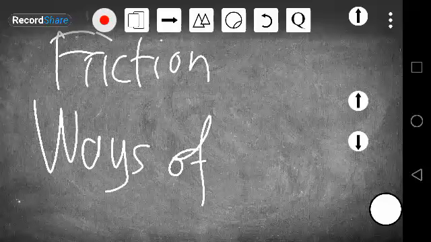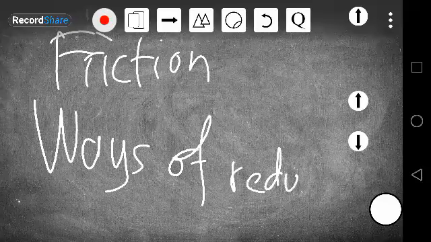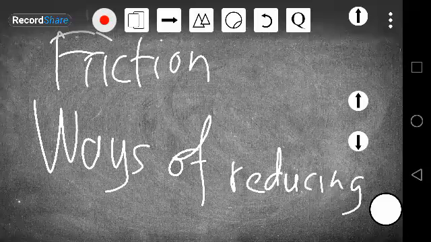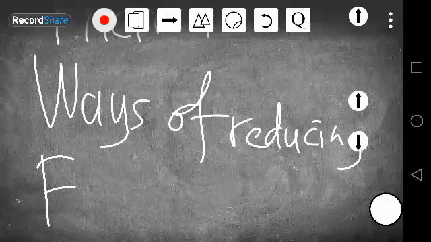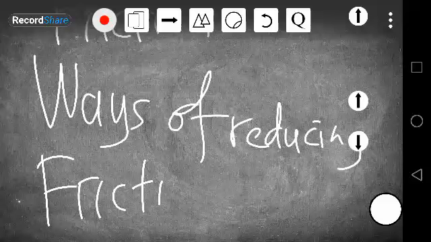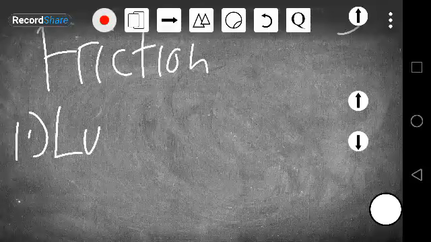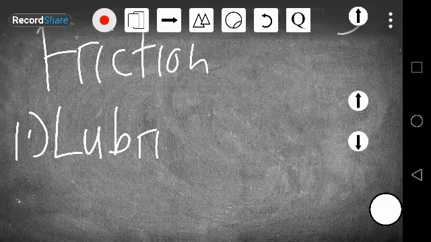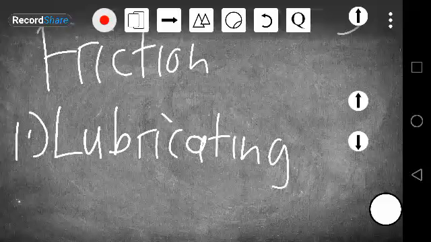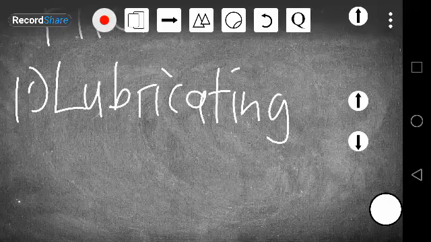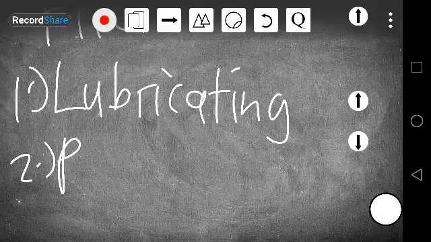Ways of reducing friction. Okay. And what are these ways of reducing friction? Number one, we can use lubricating or oiling. Okay. Lubricating or oiling, painting. Okay.